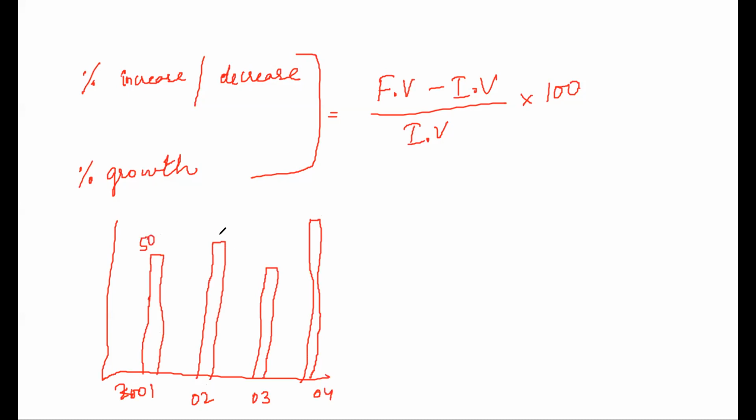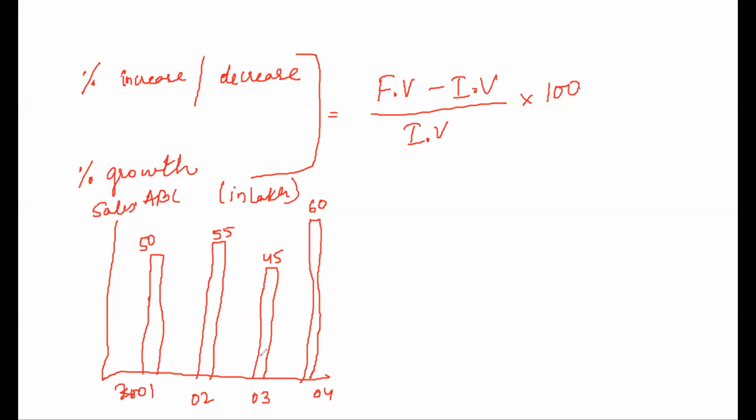Let's say the numbers are 50, 55, 45 and 60 lakhs. These are in lakhs. These are sales of some company ABC.